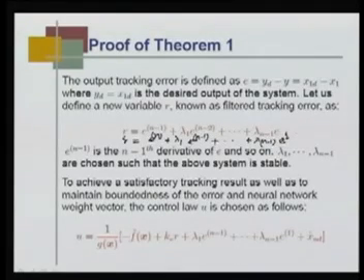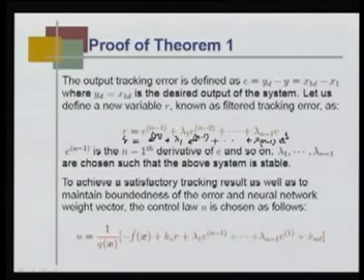Okay. So, e bracketed n minus 1 is the n minus 1th derivative of e and so on. Lambda 1 until lambda n minus 1 are chosen such that the above system is stable.